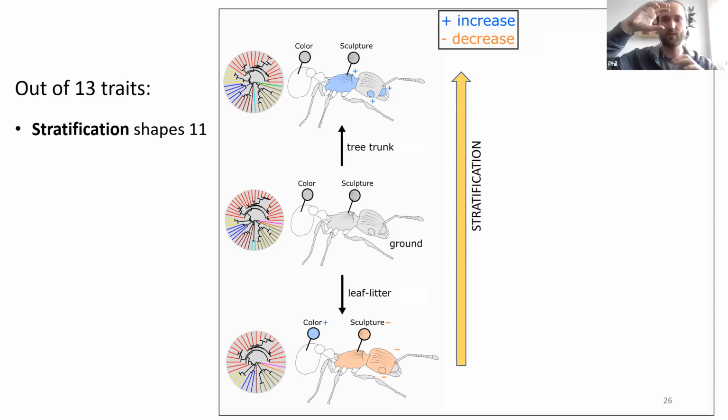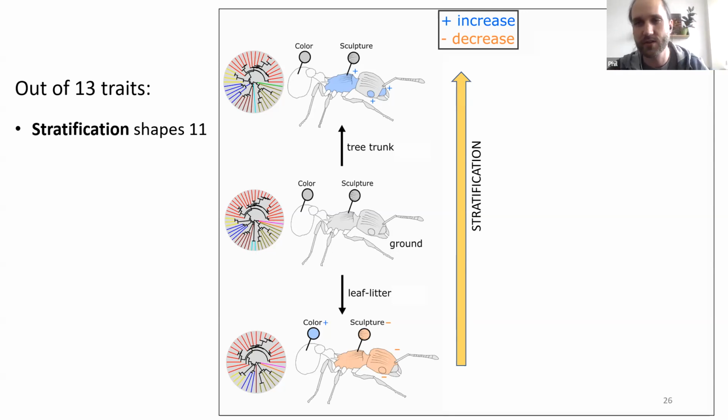And if something went down towards the leaf litter, I colored it. So you can see, for example, if we go from the ground to the tree ant community, they get larger in body size. The Weber's length is marked here with colors. The eyes get bigger, the clypeus gets bigger. This is what we would actually expect from more arboreal ants.